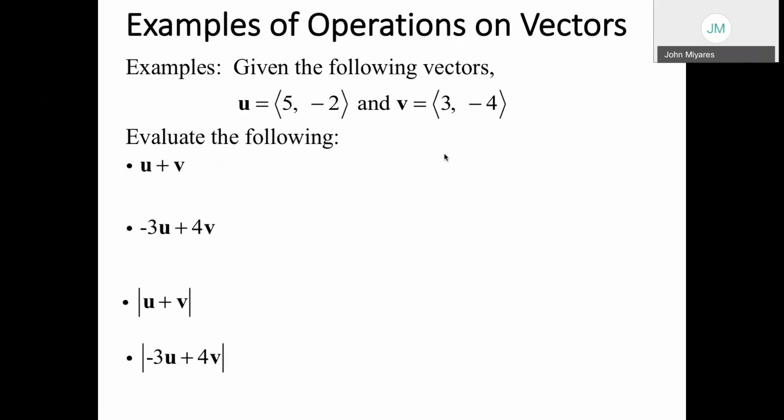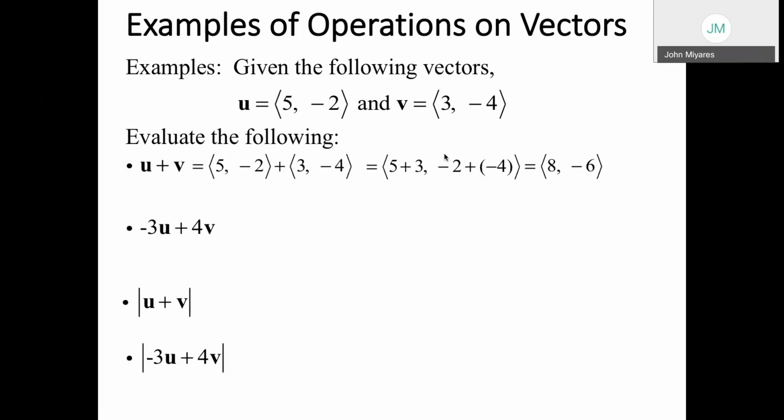The sum of u and v is a matter of adding the components together, meaning you have 5 plus 3 as the new horizontal component and -2 plus -4 as the vertical component. This simplifies to the vector 8, -6 inside the angle brackets. Now let's think about what's happening.